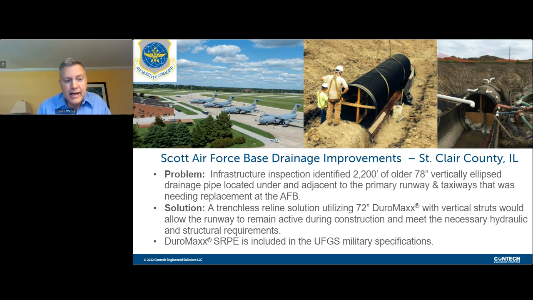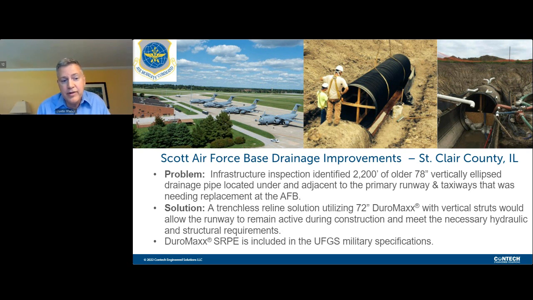But the problem that they had at Scott Air Force Base was after an infrastructure inspection identified 2,200 feet of older 78-inch vertically ellipsed drainage pipe that was located under and adjacent to their primary runway and taxiways, and it needed to be replaced. And after evaluating different options, they decided on 72-inch vertically ellipsed Duramax.